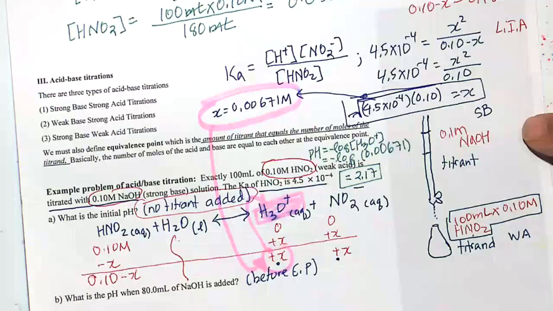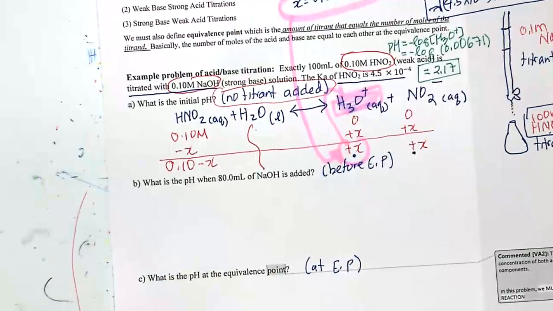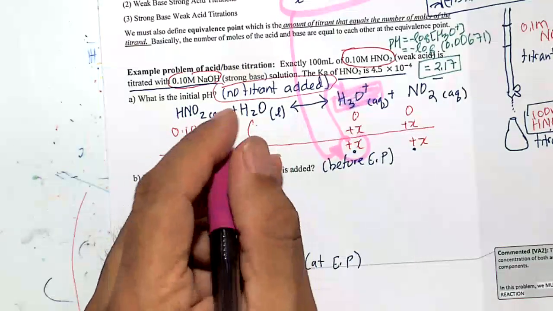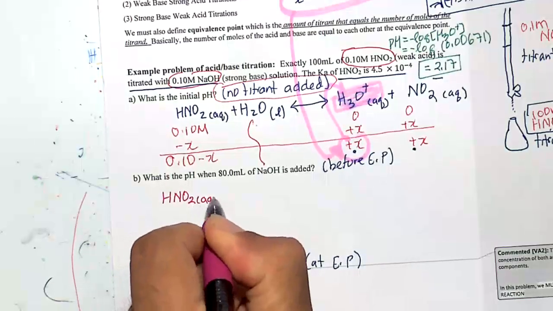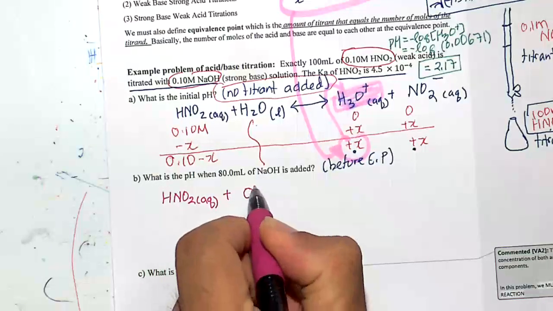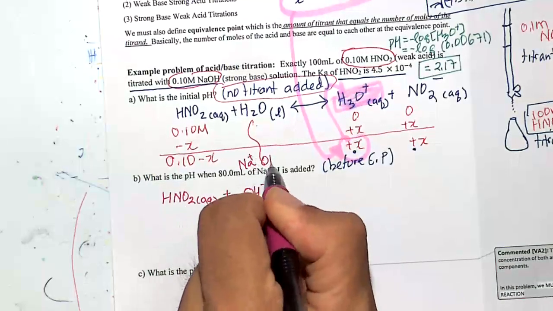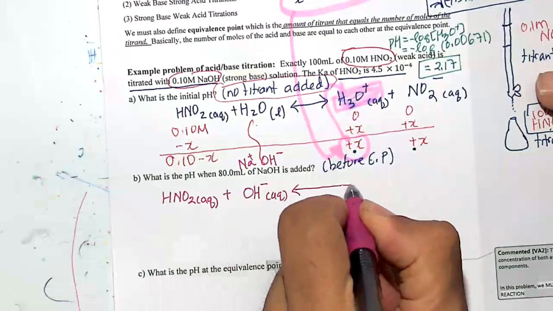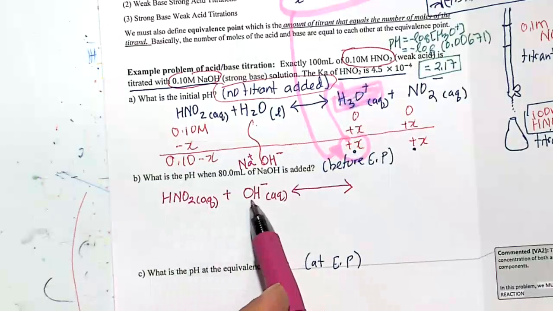So we added OH minus to this. What is our reaction? This is the second important point I want you to focus on. We have HNO2. We added 80 milliliters of OH minus. I'm just going to write it as OH minus, because Na plus is not really involved in this. What is OH minus?